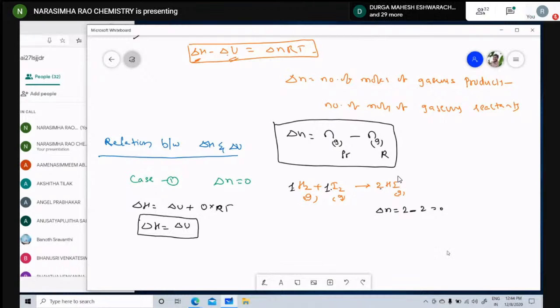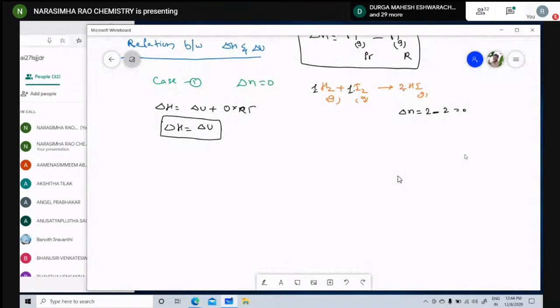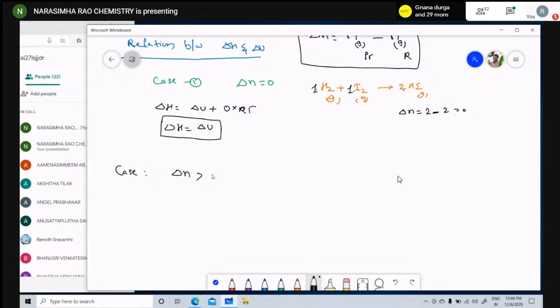I am taking one more example. Case 2: whenever delta n is greater than 0, the number of moles of gaseous products is greater than that of reactants. Take NH3 gives rise to N2 plus 3H2, all gaseous.